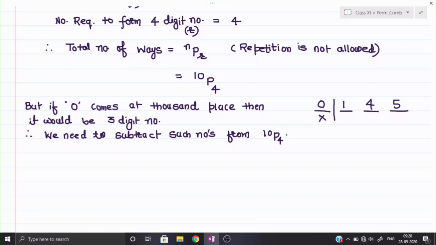Now how many places are remaining to arrange? The 3 places are remaining to arrange, and for these 3 places how many numbers do we have?